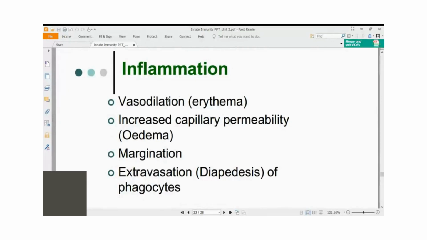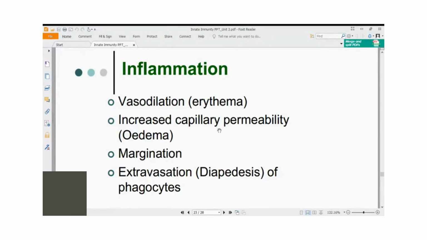Second, those dilated blood vessels become increasingly permeable for the plasma to ooze out. The plasma that oozes out will release a lot of bacteriostatic agents. Even defensins will be released and complements will be released in that area.